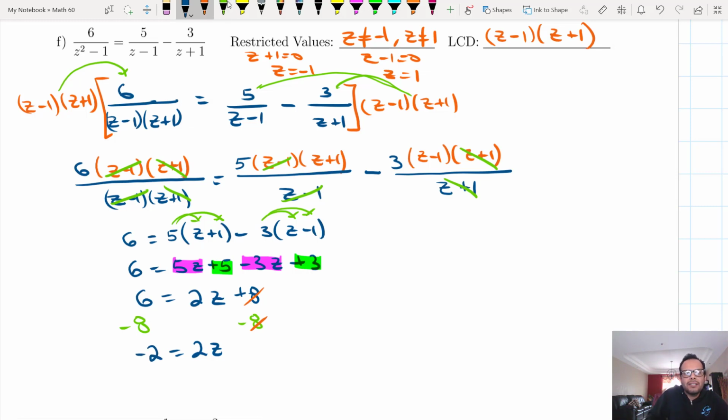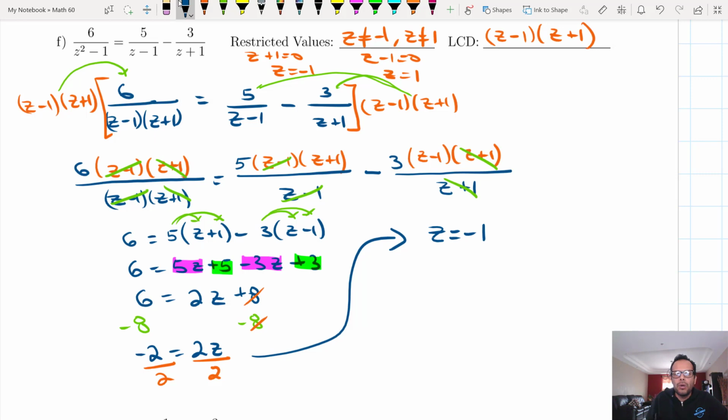The very last step is to divide both sides by 2. And in this case, as a final answer, we're going to get z equals negative 1.